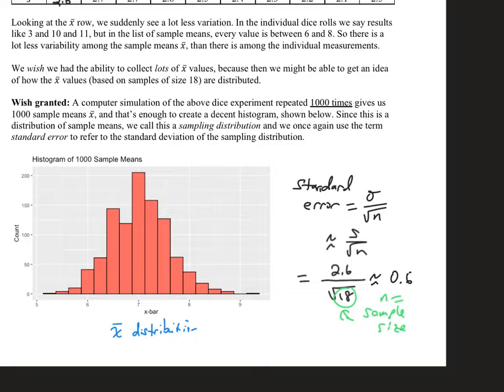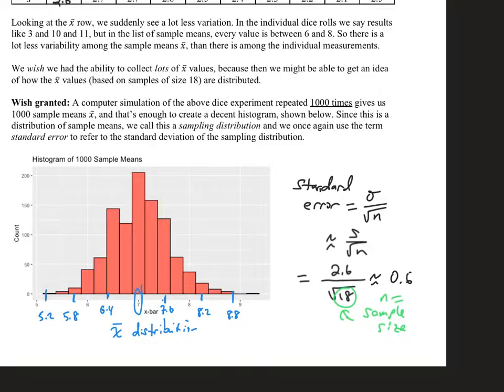In our picture, we can see that that is about right. The center of this distribution is right there at 7. And if I were to go over 0.6, 7.6 would be about there, 8.2 would be 0.6 over again, and 8.8 would be 0.6 over again. And if I go this way, 6.4, go over again, 5.8, and 5.2.